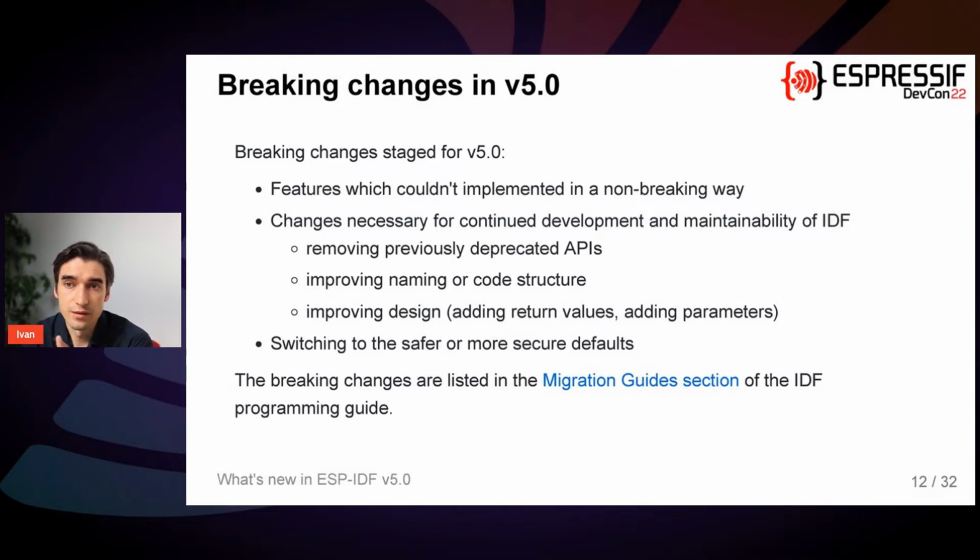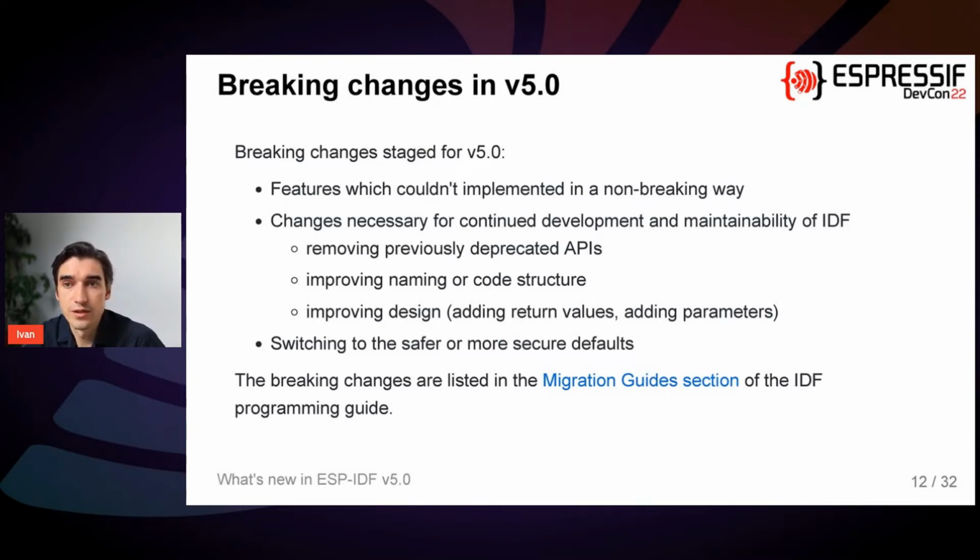And finally, the last category is switching to safer or more secure defaults. That includes, for instance, the example that I gave with security. If a certain protocol or a certain method is considered insecure, then changing the default to a different method that is considered more secure might be a breaking change, but it is an example of what we could do in a major release.